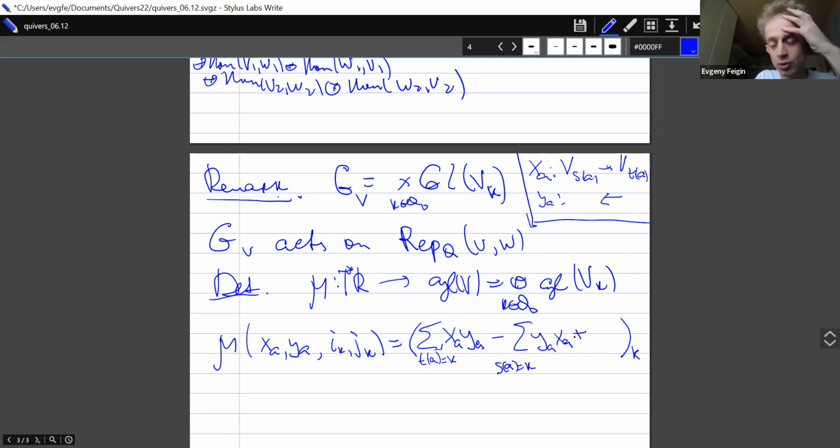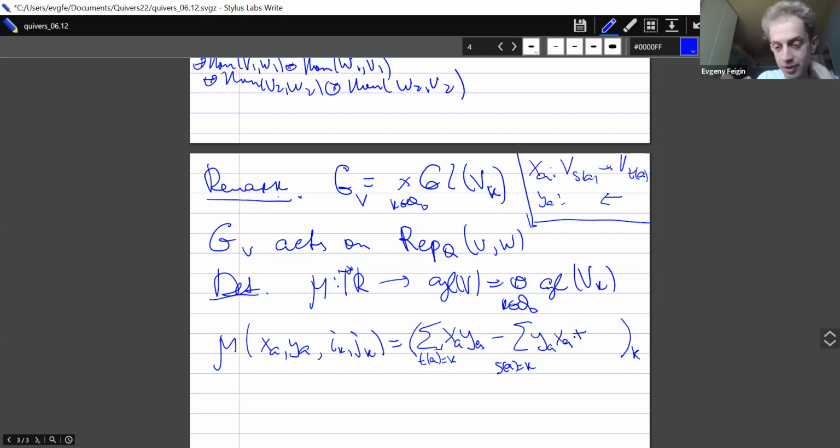And what else can we do? So here we composed X's and Y's. And now what else can we do? Compose I's and J's.